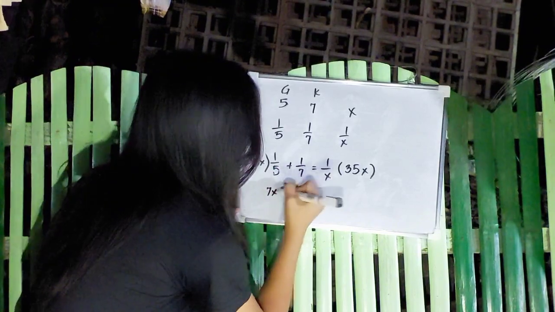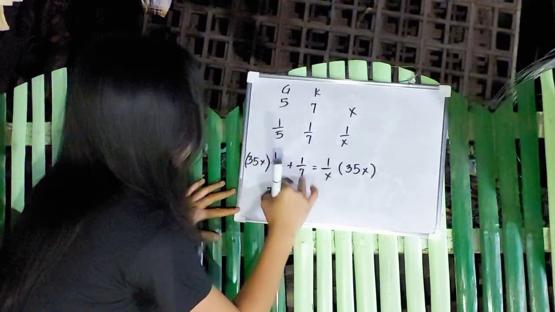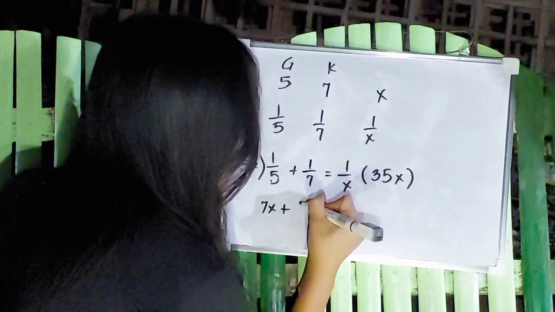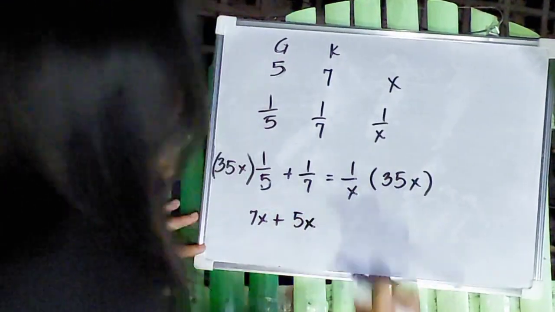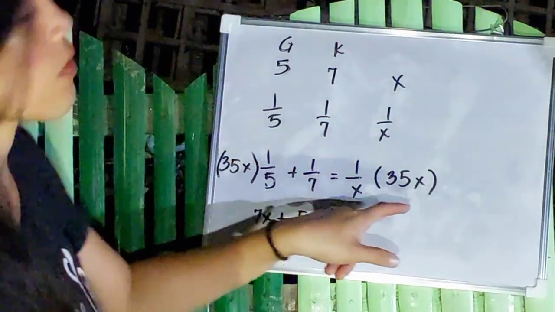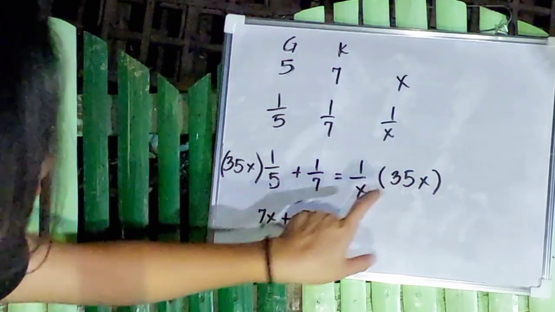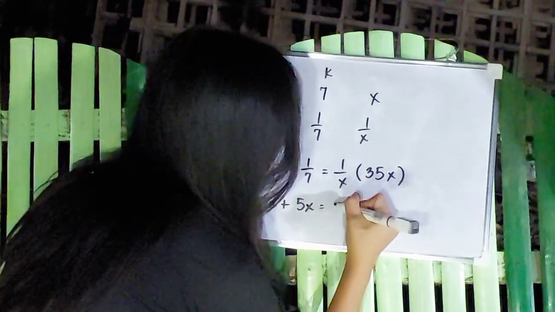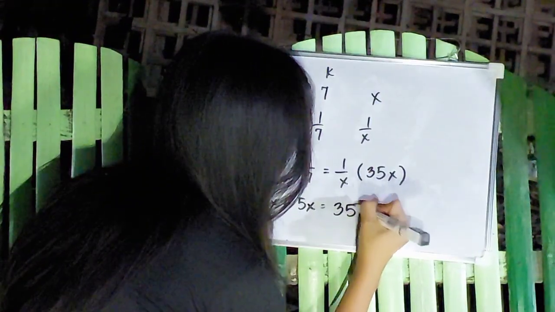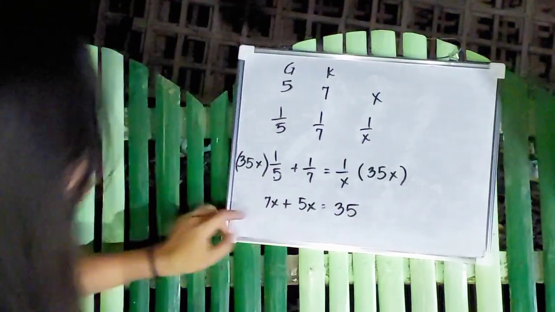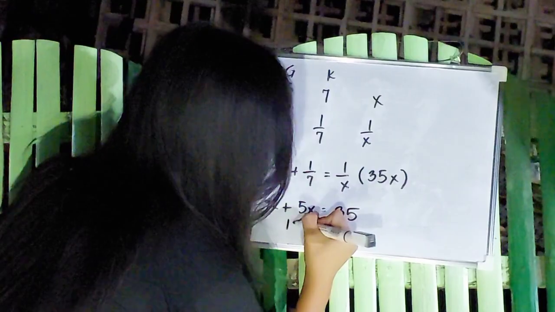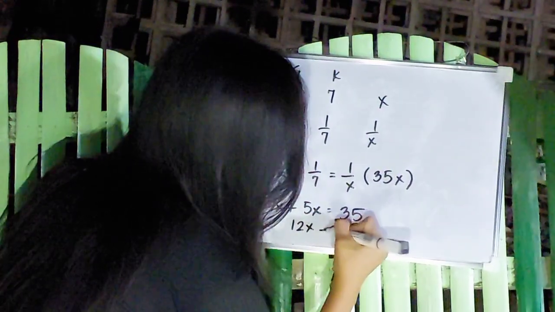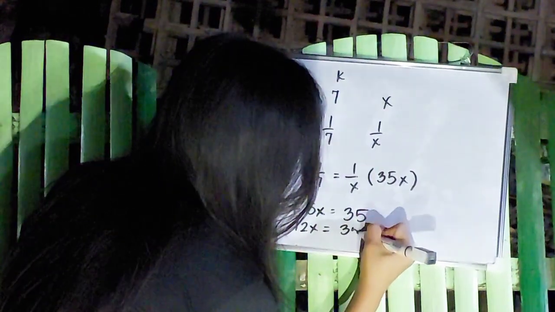So this will be 7x plus 5x equals, we can cancel this x, 35x over x. So 35 times 1 is equal to 35. Combine like terms, this is 12x equals 35.